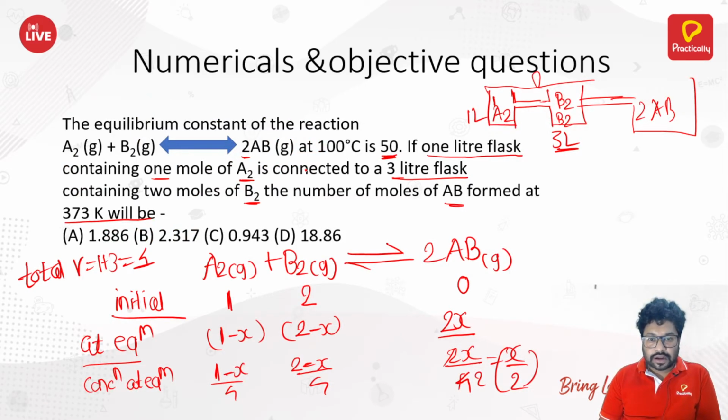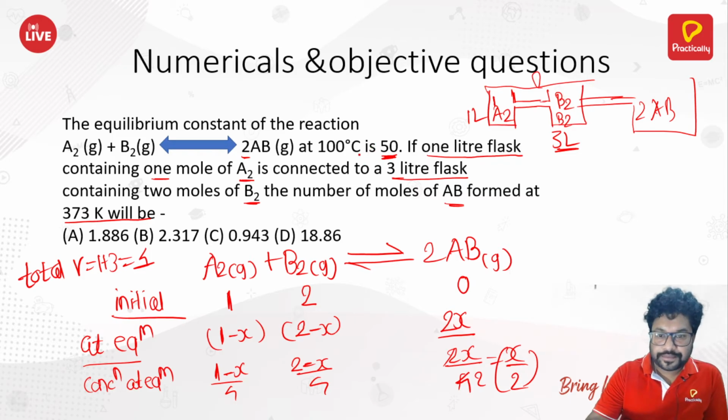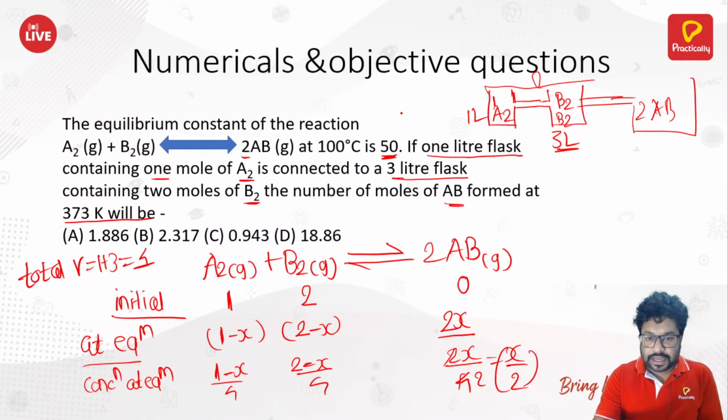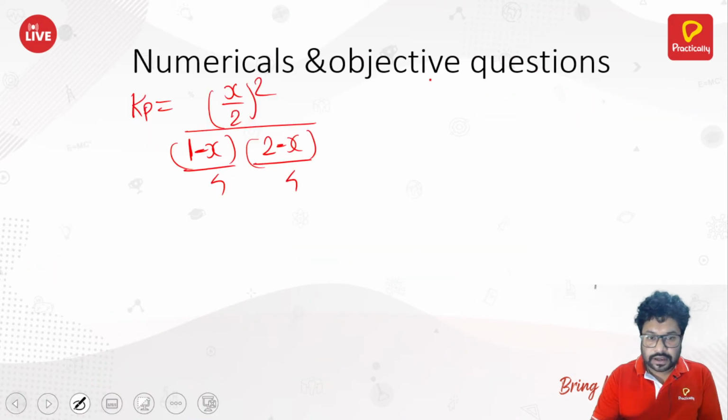And one more thing, just a sec. Pressure, 1 mole A2, 3-liter flask. Volume is given. Temperature is given. Get the number of moles. Yeah. So now the value of Kp is already given. It is 50. See here. This is your Kp.